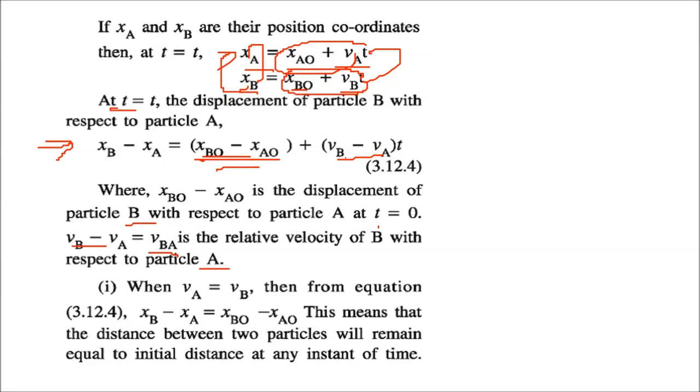Now let us take a certain scenario. When VA equals VB, that means both have similar velocity, then this term becomes 0 and we get only this equation. So XB minus XA is equal to XBO minus XAO, which means that the distance between the two particles, if the velocity remains the same, will remain equal to the initial distance at any instant of time, because they are moving with the same velocity.